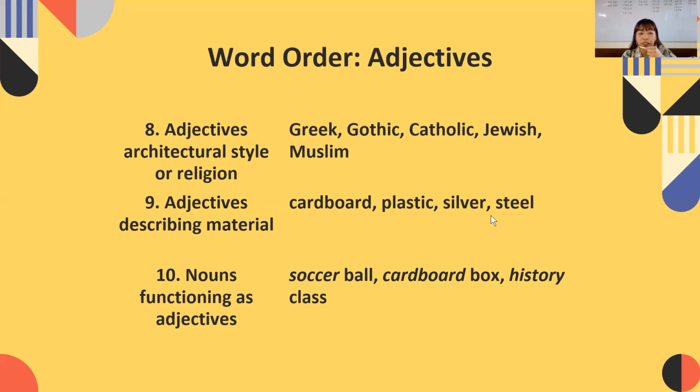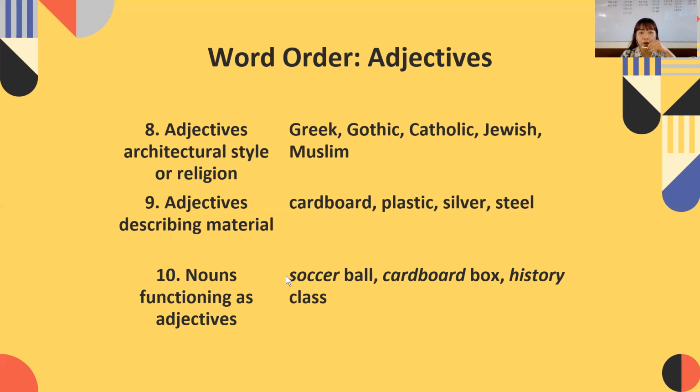Lastly, for number 10 under the word order for adjectives, we have nouns functioning as adjectives. If you take a look at the following phrases that we have here: soccer ball, cardboard box, history class. The italicized words such as soccer, cardboard, and history are actually examples of nouns. But as they are used in the phrases in our examples, they function as adjectives.